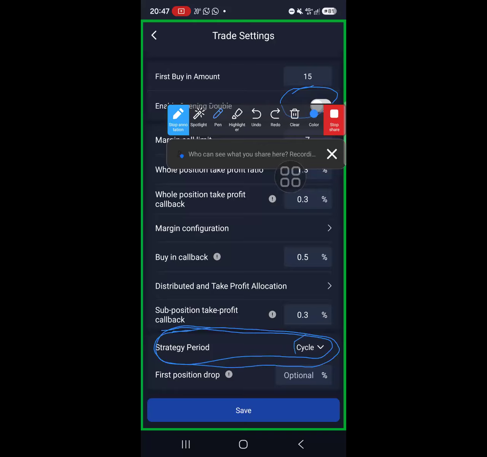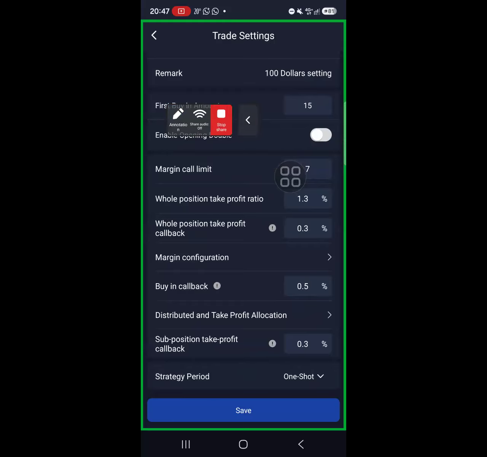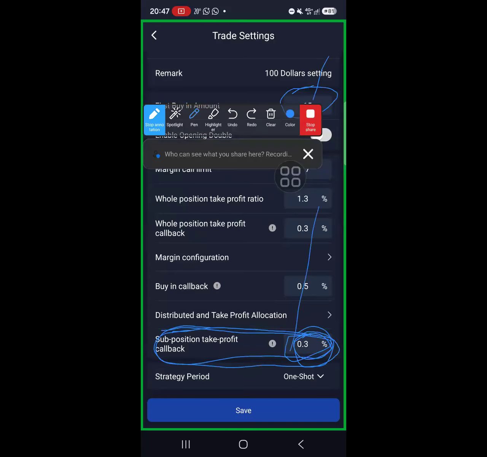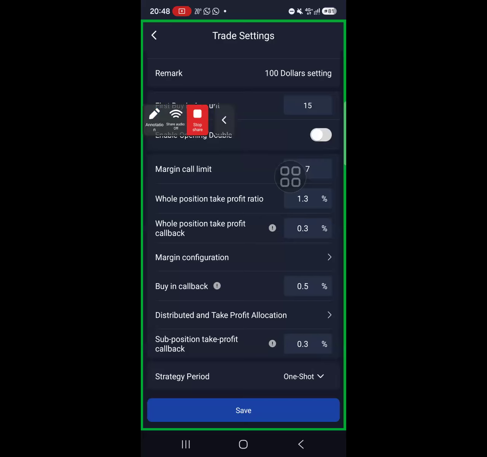It means you are in a cycle mode, the strategy period is a cycle. But when you put it in one shot, it means once this trade is closed, the robot is not going to buy again unless you command the robot to buy the same coin again. That's what one shot means. Is this clear?